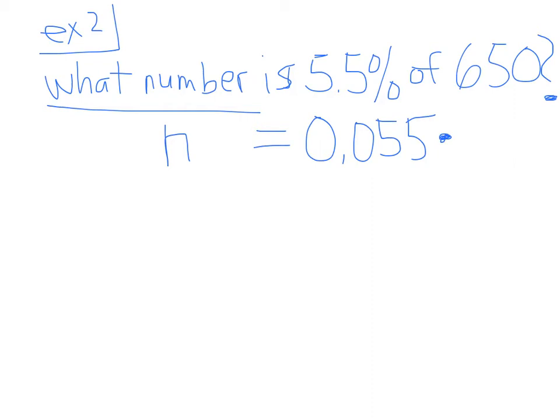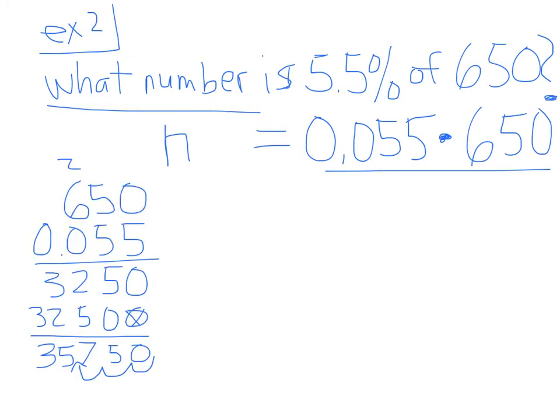Of is times, and 650 is 650. So in this equation, N is 0.055 times 650, so that should tell you we're just going to multiply. So I'm going to go ahead and multiply right now. After my multiplication, I came up with 35.75.